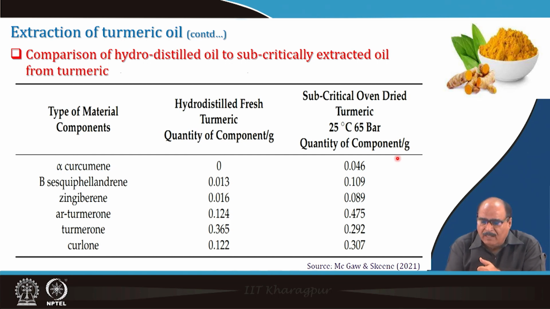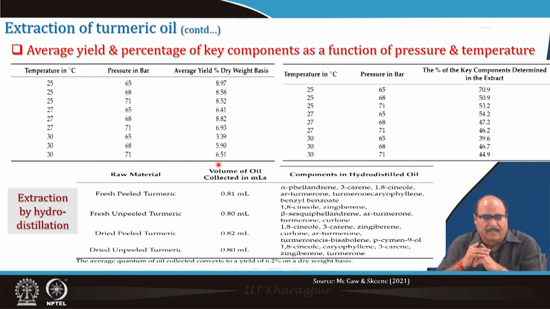So, in the subcritical oven dried turmeric you get no curcumene, whereas in the hydrodistilled fresh you get alpha curcumene, and in subcritical oven dried you get about 0.046 percent per gram. So, this is the table, you can read the data.